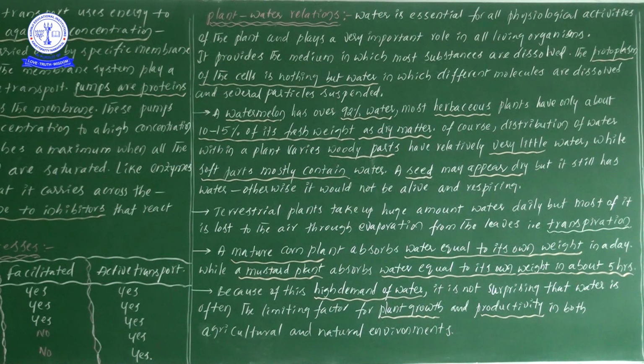In dry matter, there is no presence of water. So the difference we find is that herbaceous plants have only about 10 to 15% of their fresh weight as dry matter, thereby water availability is 85 to 90% in herbaceous plants.